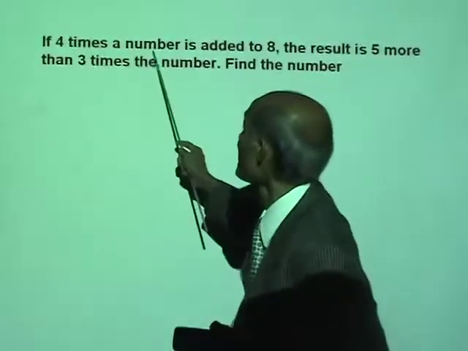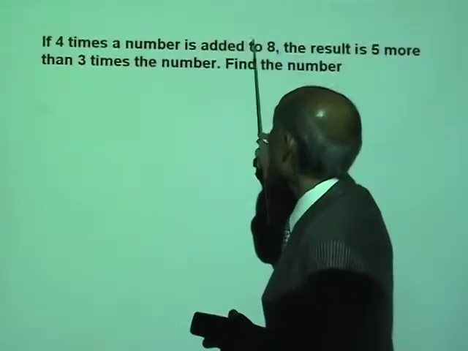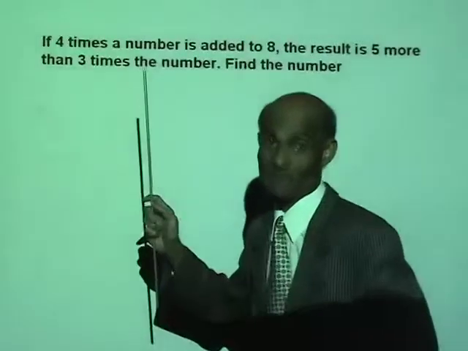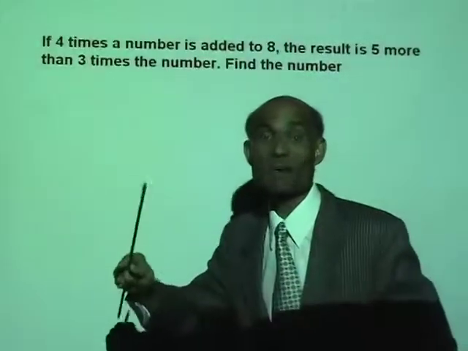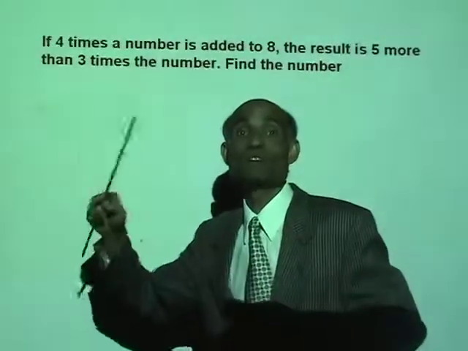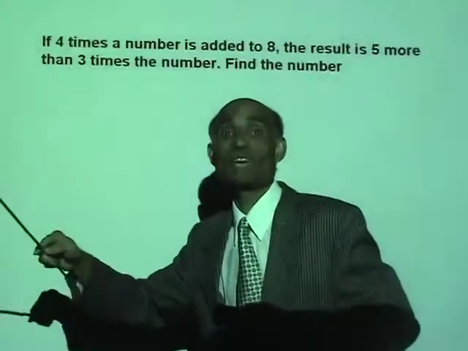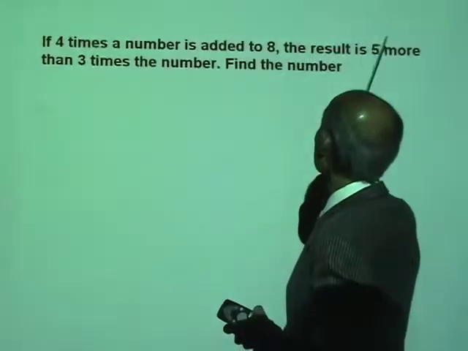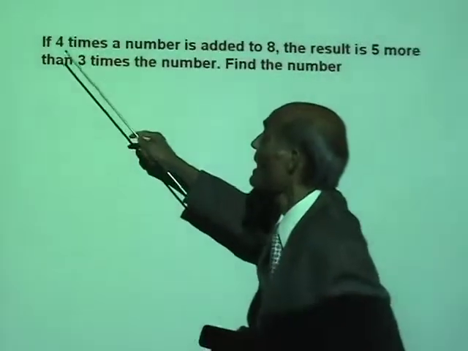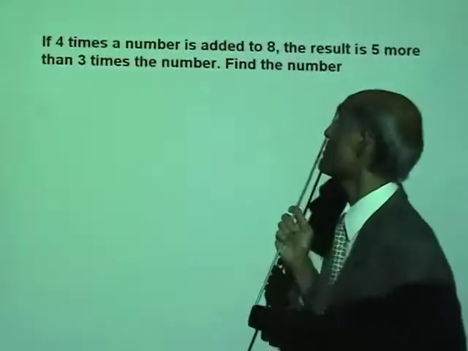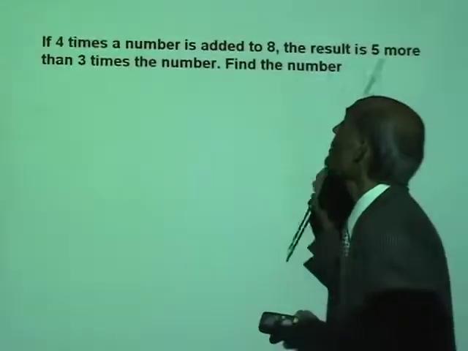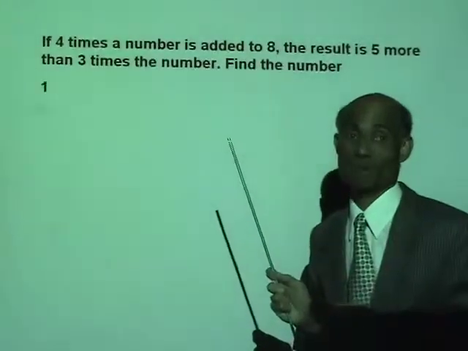If 4 times a number is added to 8, 4x plus 8, the result is 5 more than 3 times the number. Find the number. Okay?